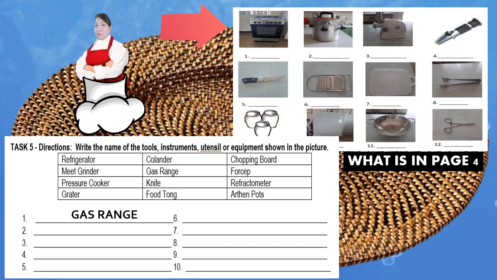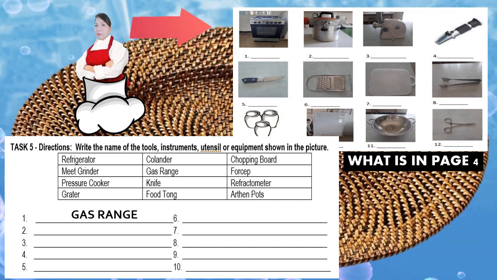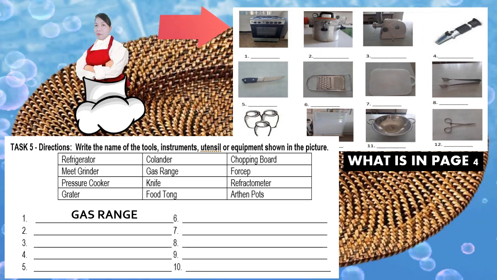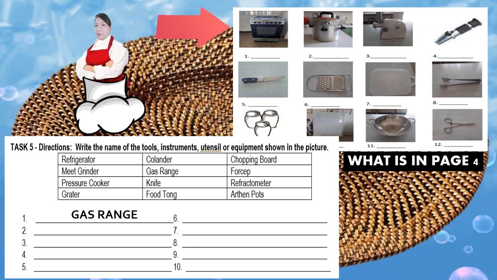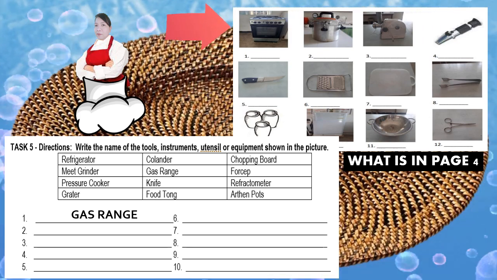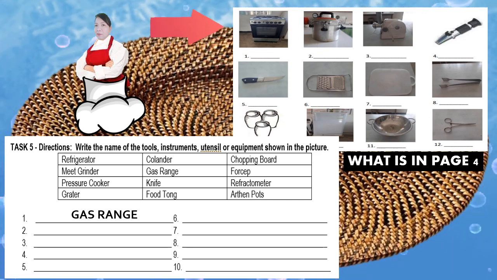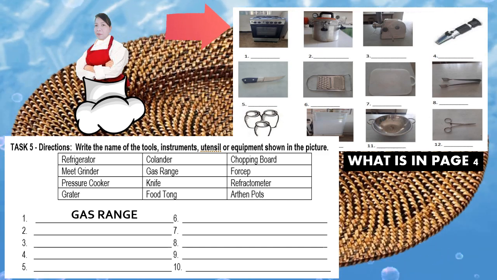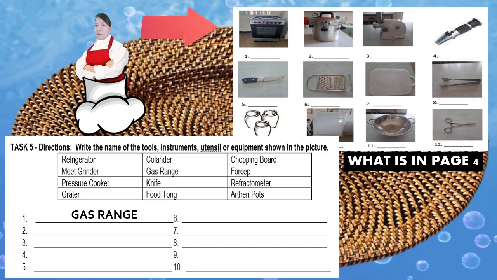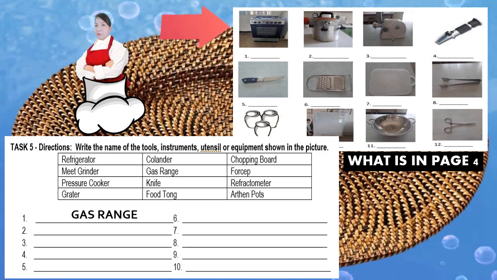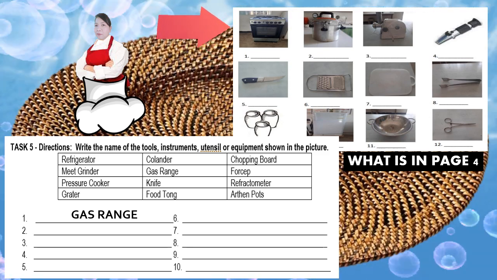Write the name of the tools, instruments, utensil, or equipment shown in the pictures. Again, you can find the pictures in page 4. I have an example for you in number 1, so you can answer this activity correctly. Good luck!